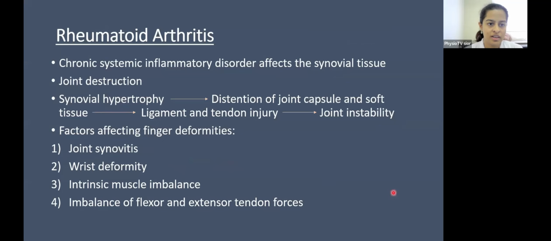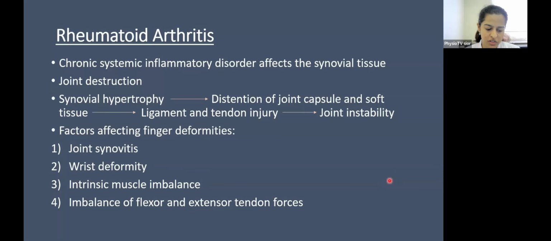Now, in rheumatoid arthritis, we all know that it is a chronic systemic inflammatory disorder which affects the synovial tissue. It causes synovial hypertrophy, that is, the synovial hyperplasia will cause the distension of the joint capsule and all the surrounding soft tissue, that is the tendons, ligaments, which can further lead to injury or a tear or a rupture, and this leads to joint instability, further causing deformities.